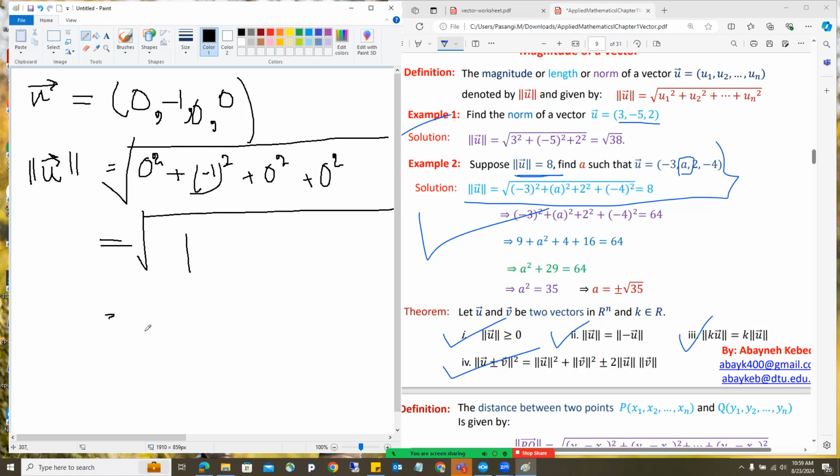So the square root of 1 is 1. So the magnitude of the vector u is equal to 1. You can take the square root of the addition of these squares.